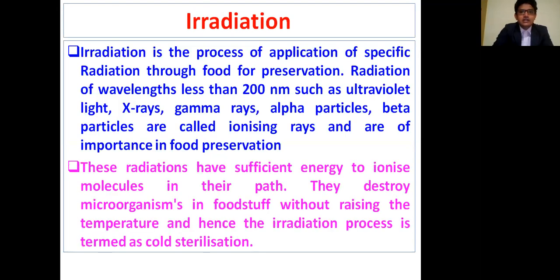These radiations have sufficient energy to ionize molecules in their path. They destroy microorganisms in foodstuff without raising the temperature, and hence the irradiation process is also termed cold sterilization.